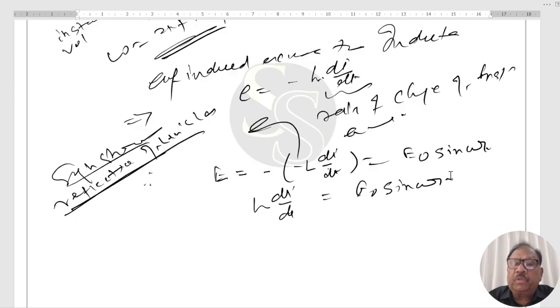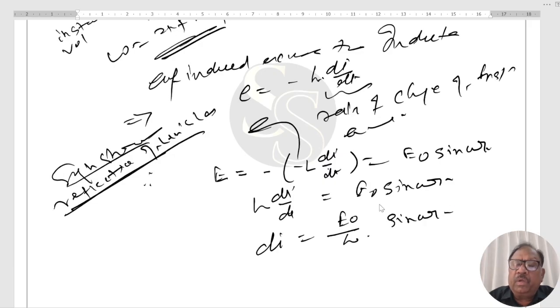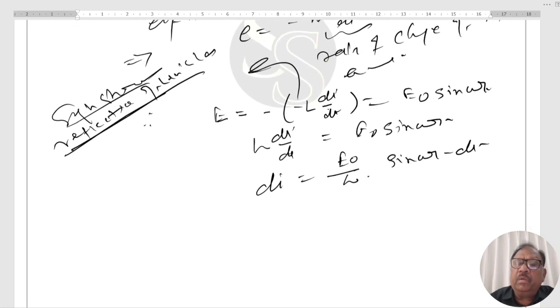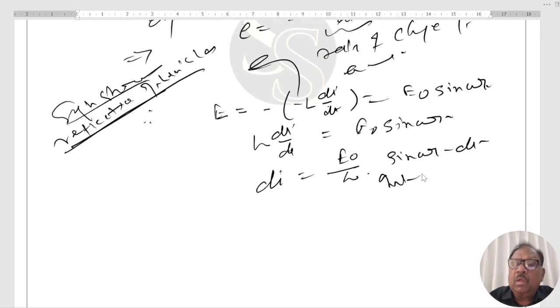Now we have to find the expression for I. Keeping di on the left hand side, di equals E naught by L sine of omega t dt. If we integrate both sides, E naught by L is a constant taken outside the integration sign.